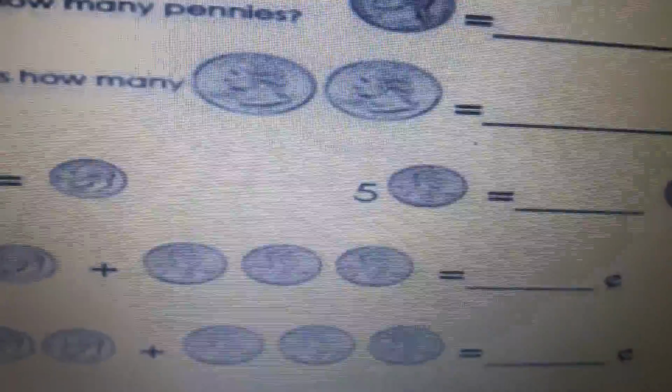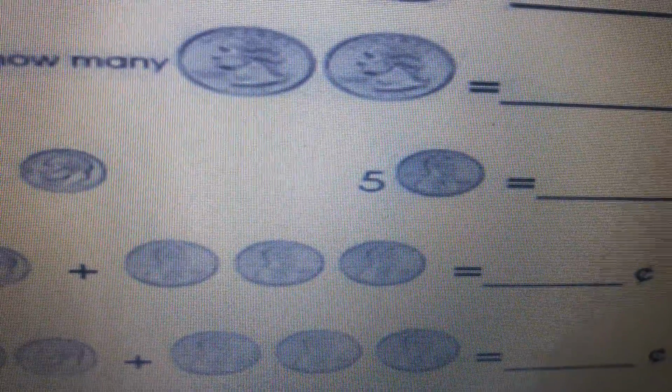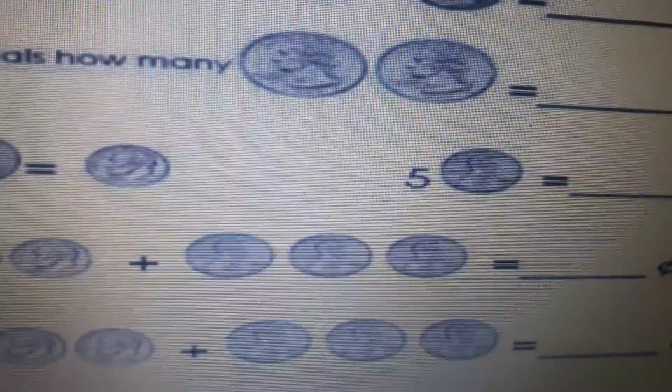So it's 10 plus 10 plus 10 plus 10, 10 times 4 equals 40. The second coin we have is a penny coin. So it will be 1 cent, 1 cent, 1 cent. So it's 3 cent plus the 40 cent equals 43.